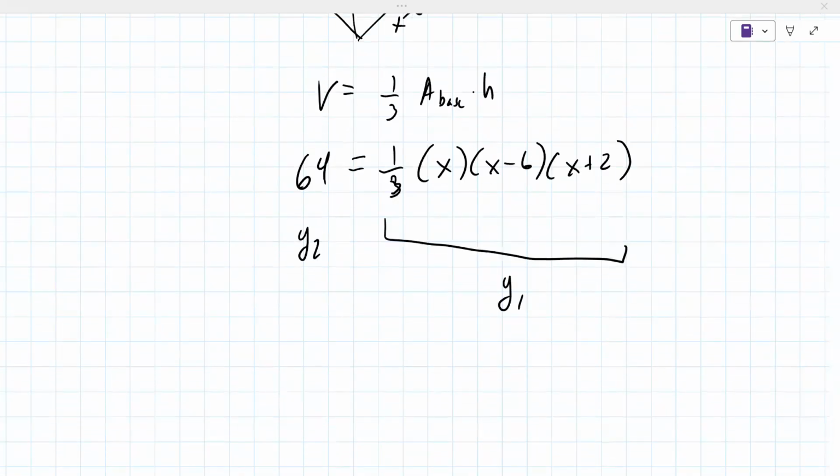Let's see here. Does this actually work? Oh, it does. Yes. Let me put it into the calculator. 1/3 x and x minus 6.